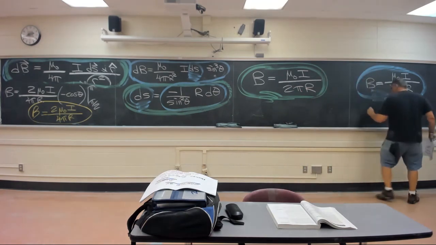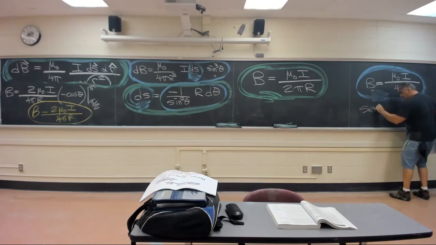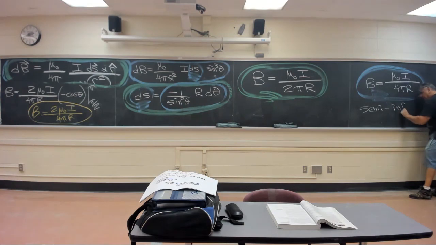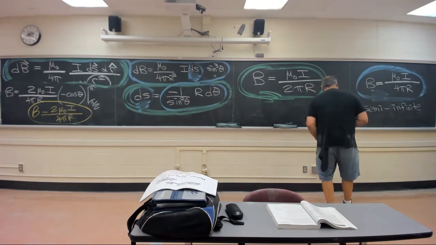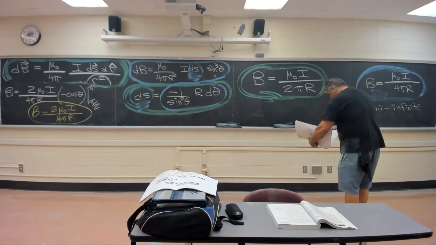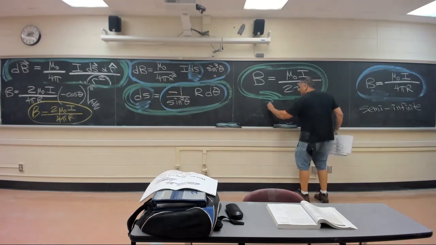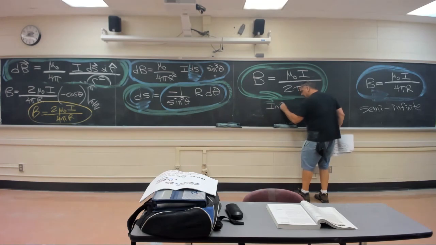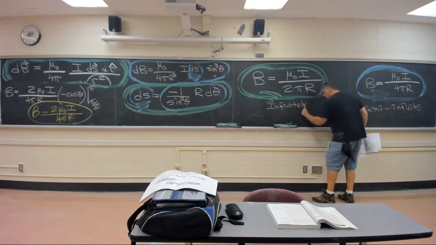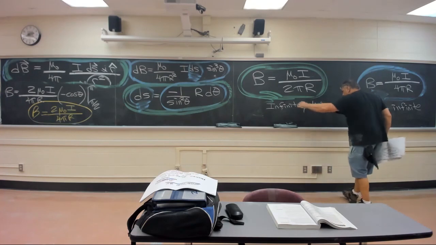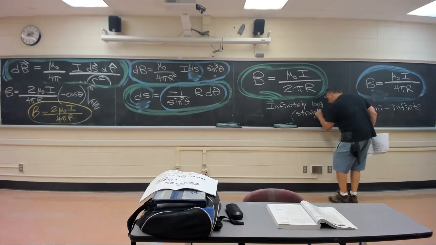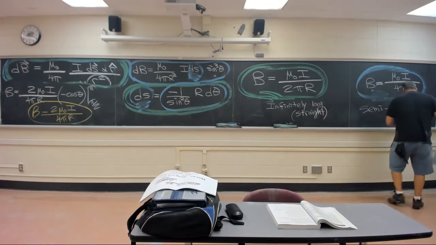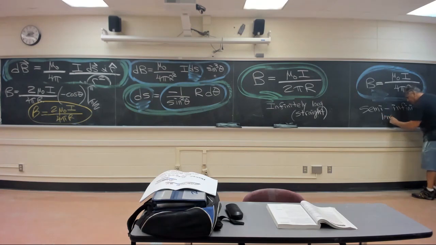So this is the semi-infinite. Etc. And this is long straight wire. This is infinitely long. Long straight wire. Semi-infinite, long.